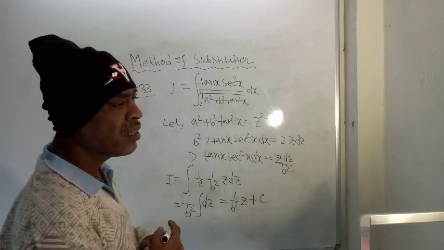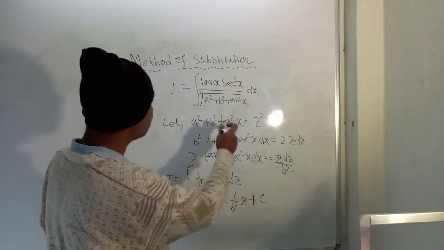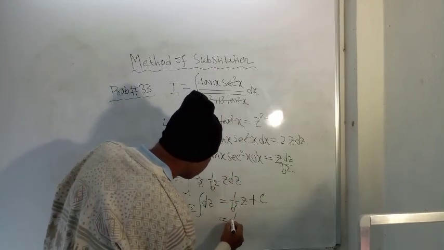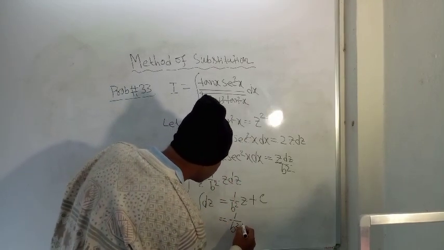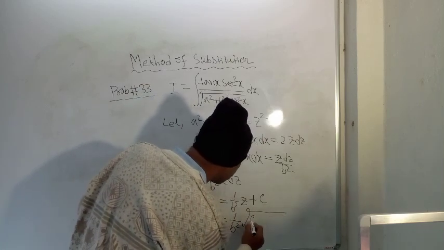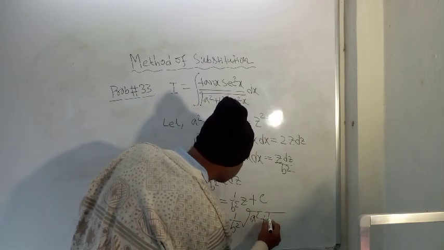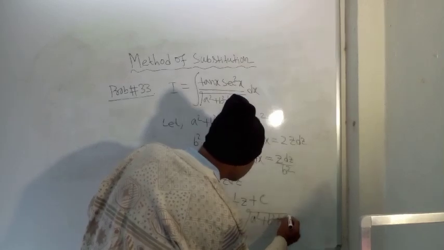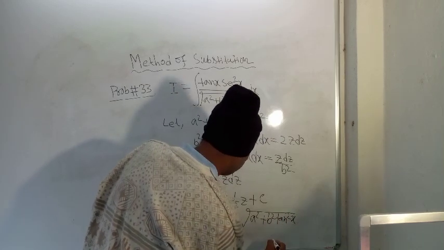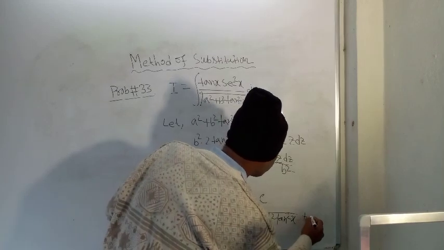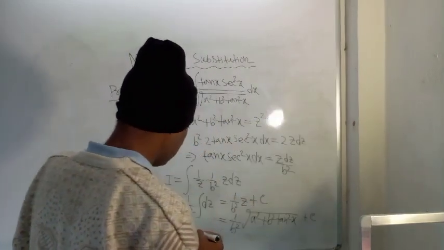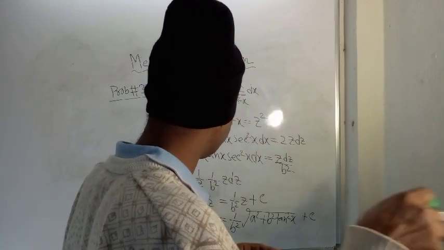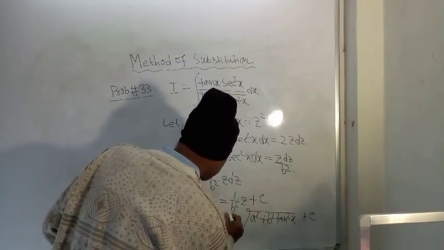And z is root over of a square plus b square tan square x. So the answer is 1 by b square, root over of a square plus b square tan square x, plus a constant of integration c.